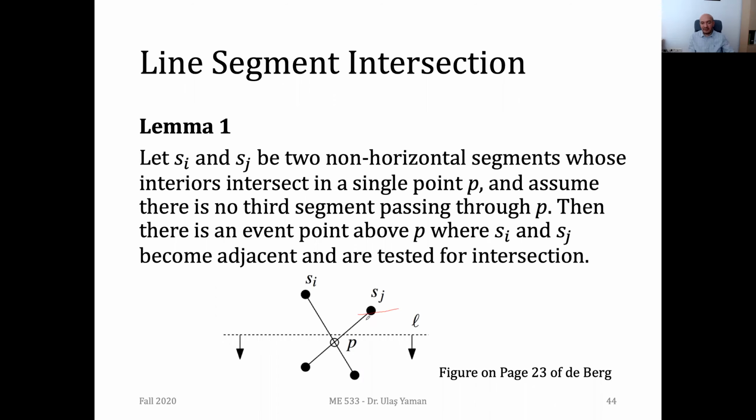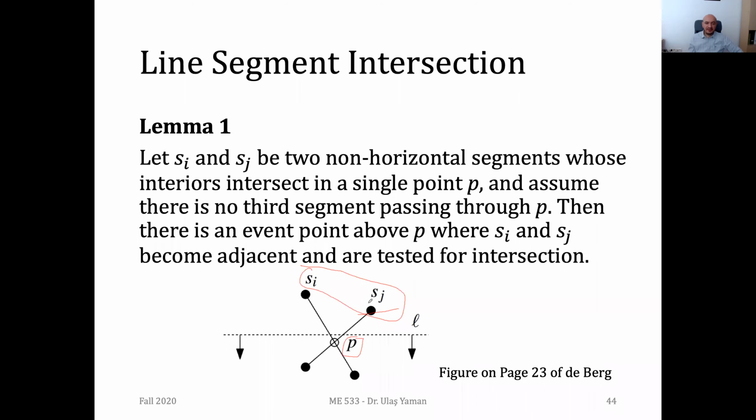The upper endpoint of Sj will be embedded into the status of the sweeping line, and at that event point we should do a check between Si and Sj, since they are neighbors at that point. So we should be doing that test right at the upper endpoint, and we should find that there is an intersection between these two line segments, and this is P.